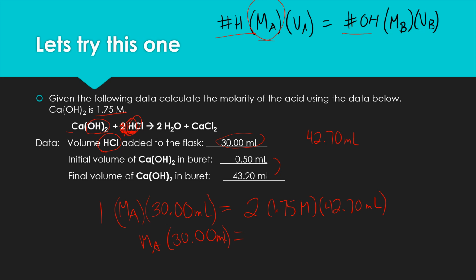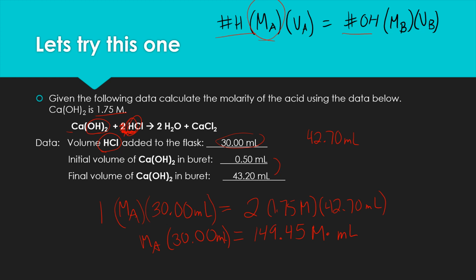So we have 2 times 1.75 times 42.70. And we get 149.45. And this is kind of just a stopping point. I'm not going to round yet. Now we have our molarity times our milliliters. I'm not going to worry about canceling any units yet until the end.